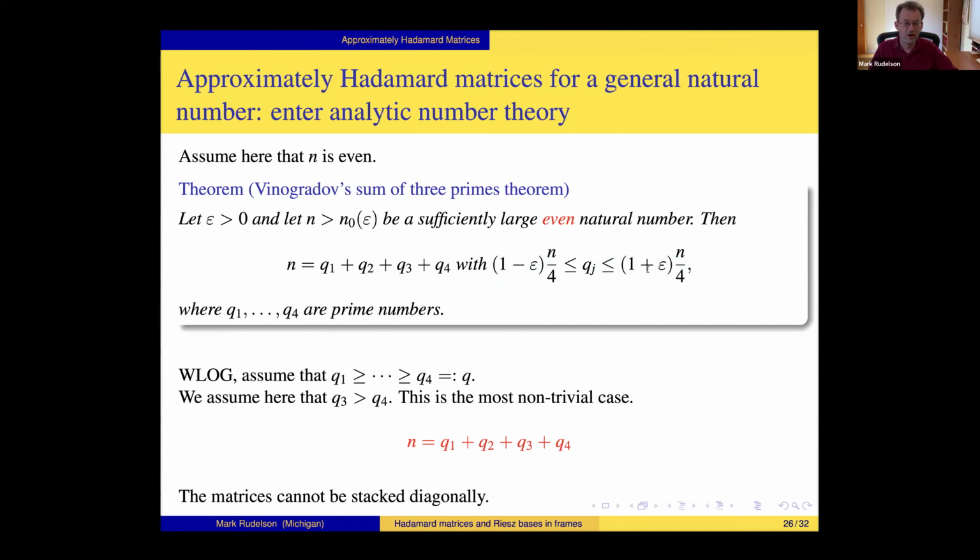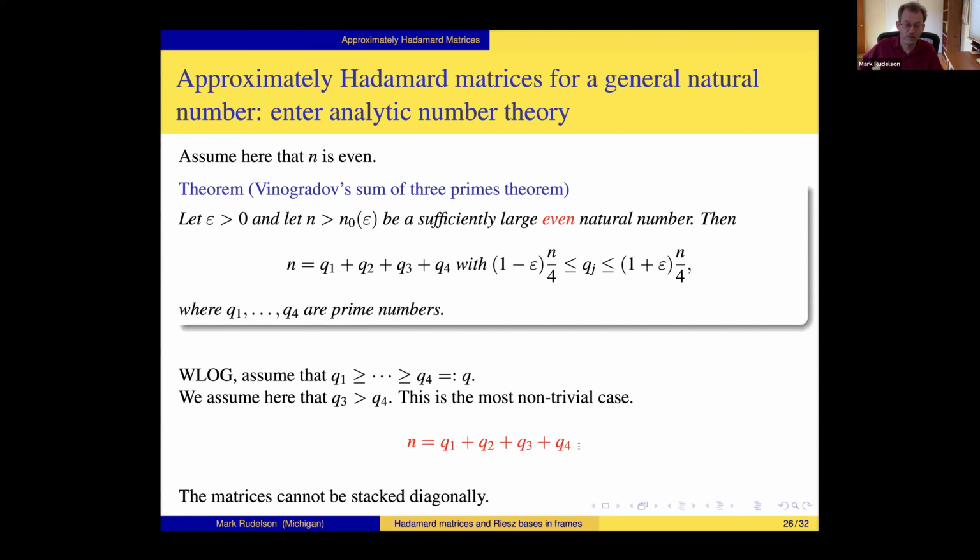Okay, now we have 4 primes. For each prime, we have an approximate Hadamard matrix, and our size is exactly the sum of these 4. We want to construct an approximate Hadamard matrix from these 4 blocks.